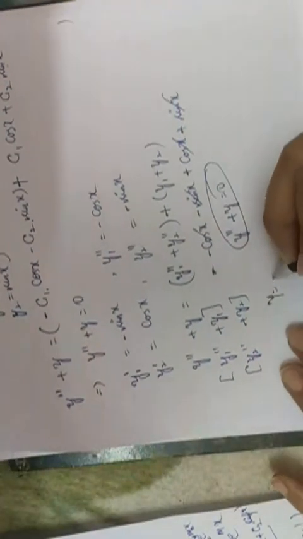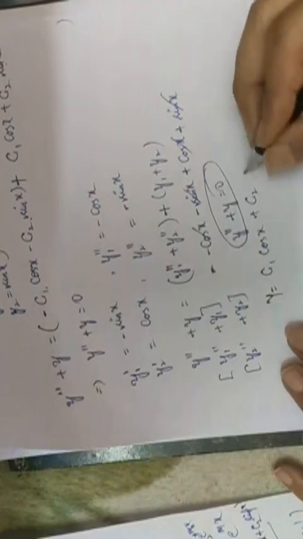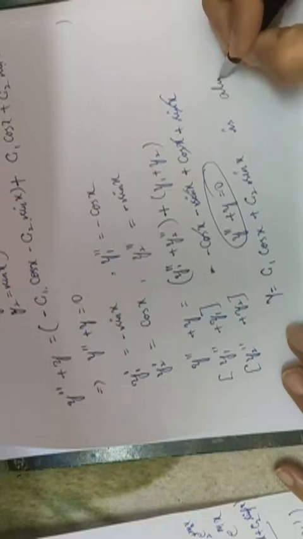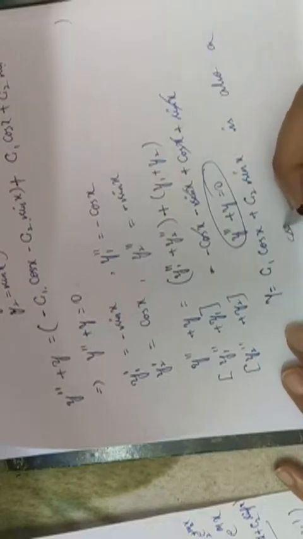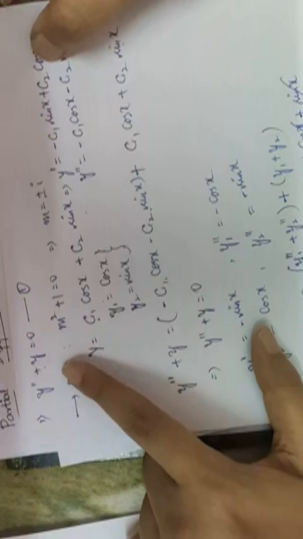So from this you can say that y is equal to c1 cos x plus c2 sin x is also a solution of equation 1. So obviously these two are the solutions. So now the whole thing is also a solution of your given differential equation. This is nothing but a linear superposition principle.